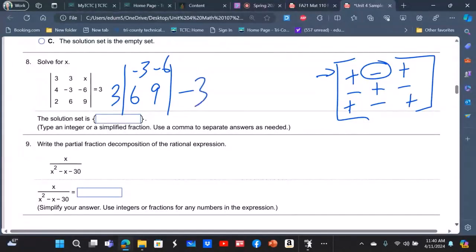And then I'll get the remaining 2 by 2 matrix. So I will cancel the vertical and the horizontal of that 3, so they intersect at the 3 that I'm using. Then I'll collect the remaining numbers from the 3 by 3 matrix. So I have 4, negative 6, 2, 9.